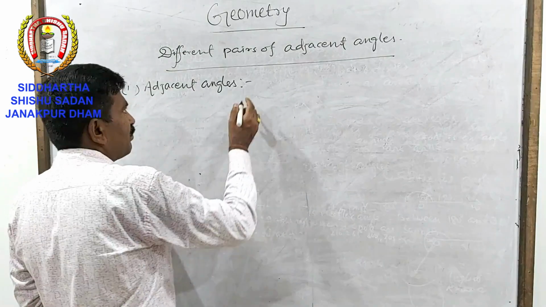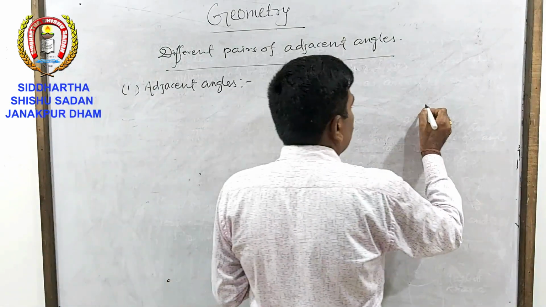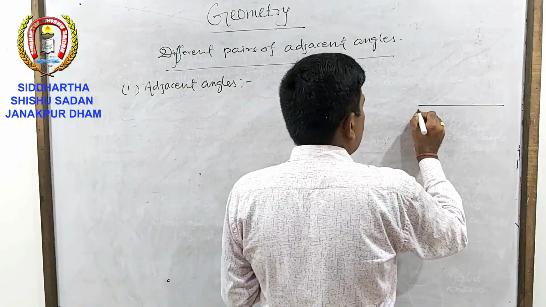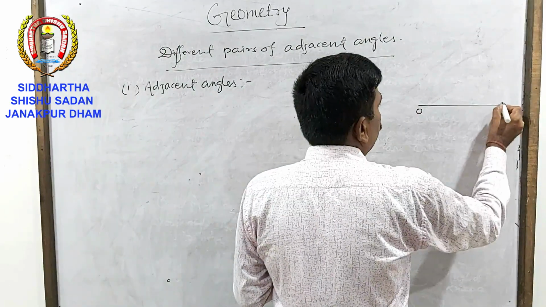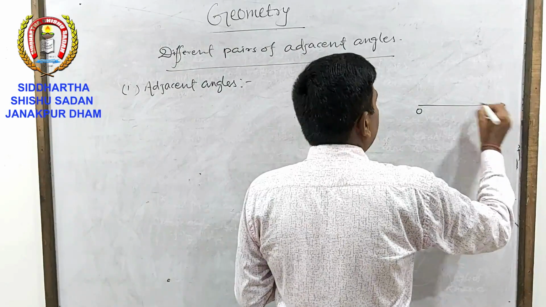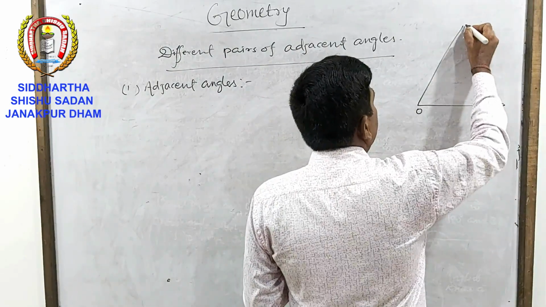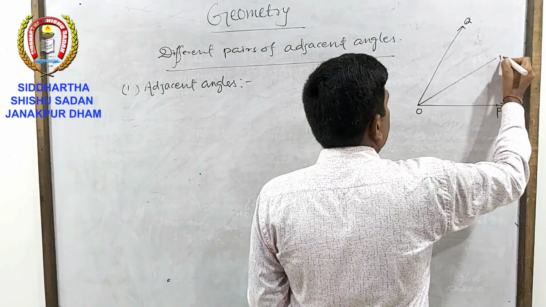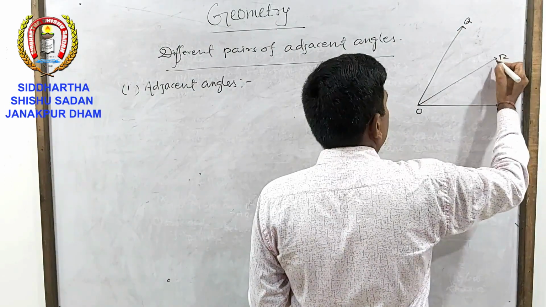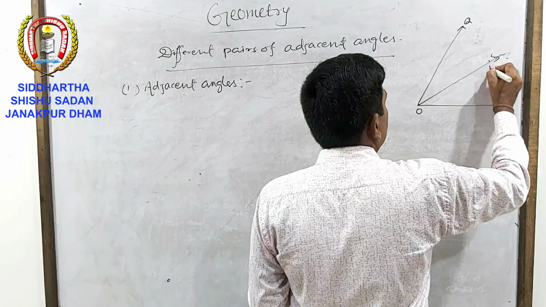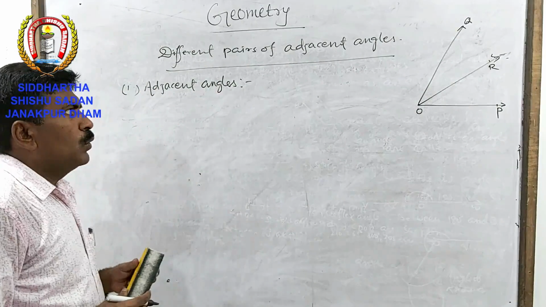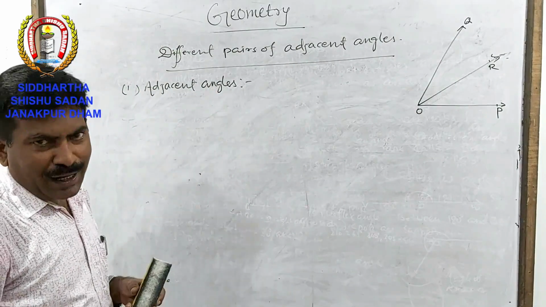So now see. At first, through the figure, suppose O, P, and here is OQ and here is OR. OP, OQ and OR.